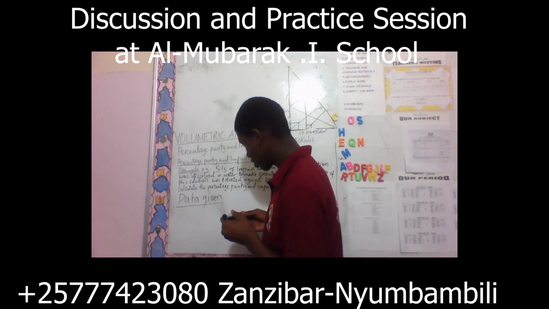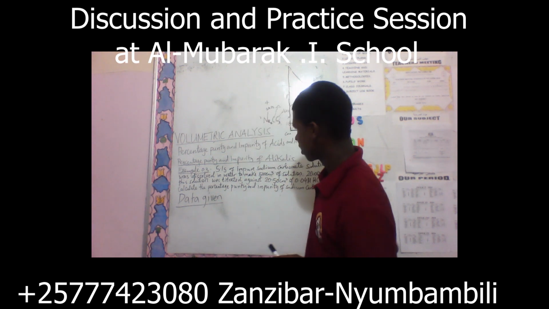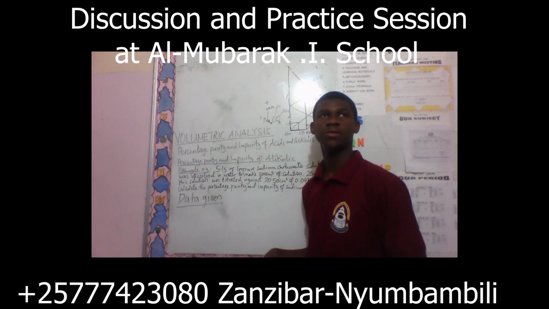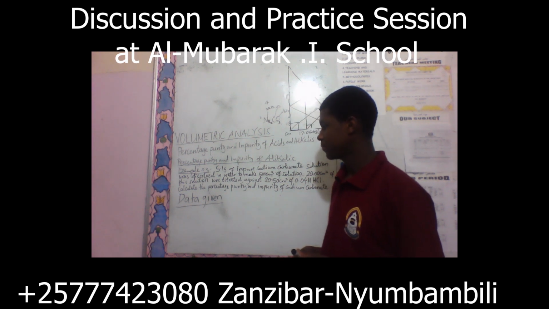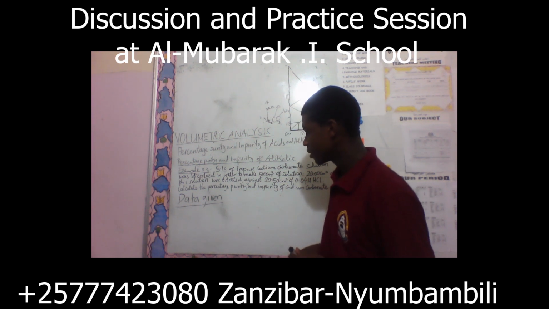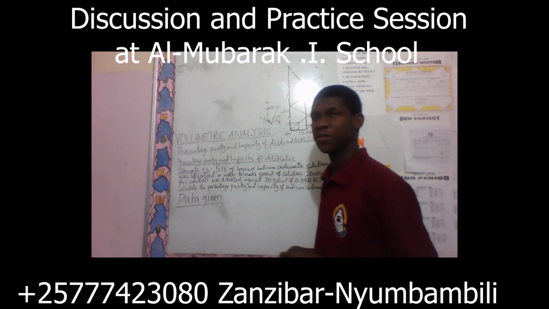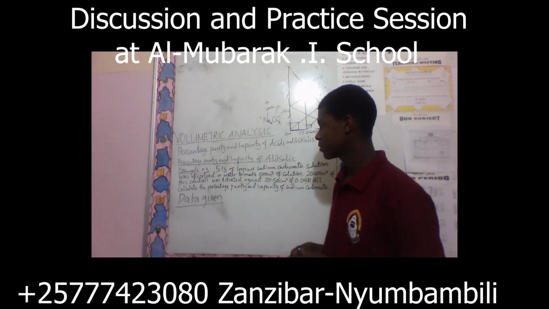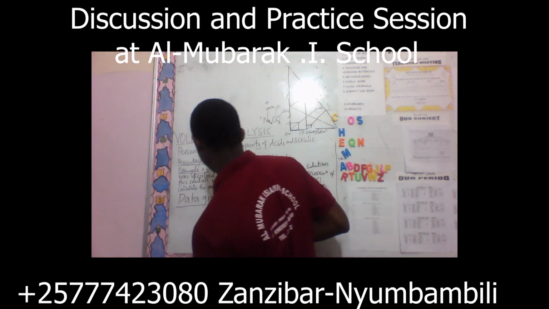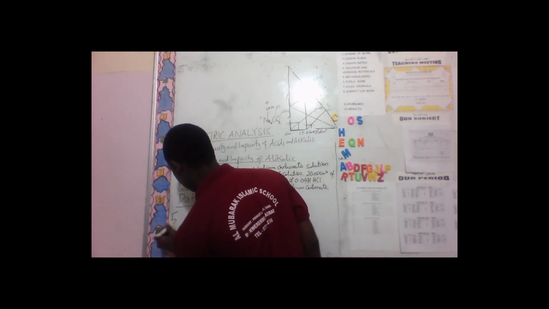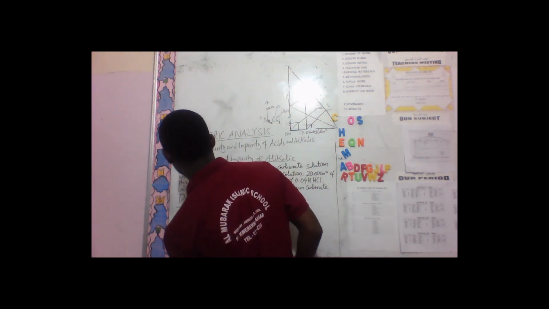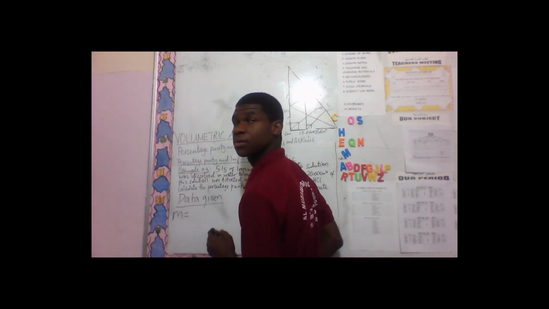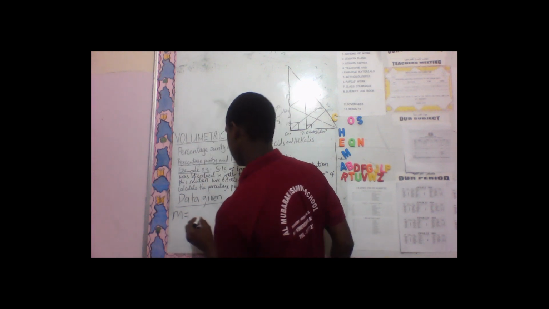For our question, what is our data given? How many do we have? We have 5 data given. The first one is the mass of impure sodium carbonate, that is 5.1 gram.